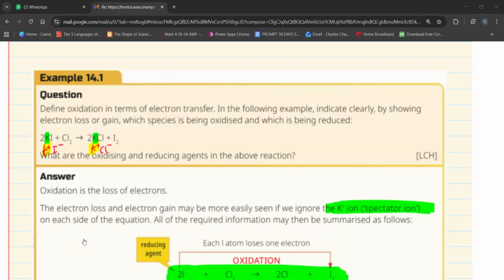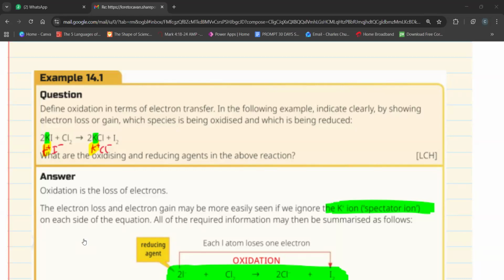So now this example 14.1, right? If one looks at it, one needs to be careful because it has two halogens. The halogens here are iodine and chlorine. It's like they're just trading places. The chlorine was standing on its own.